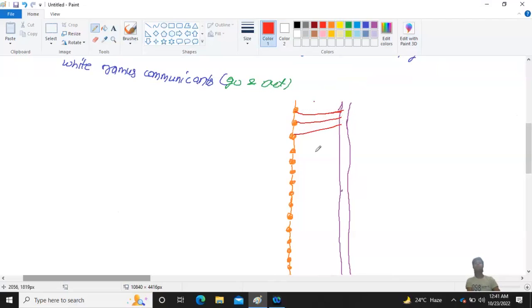Basically, let's say we draw these connections. These are white rami, not only one on each.